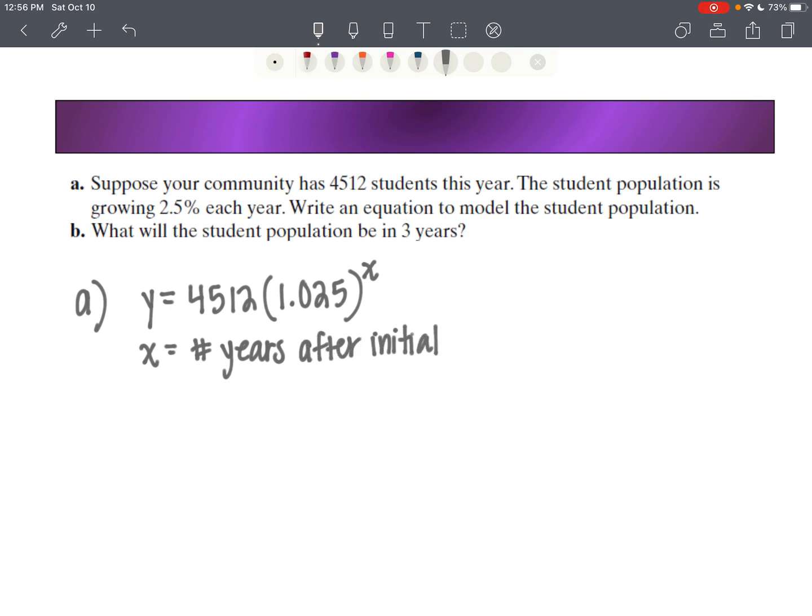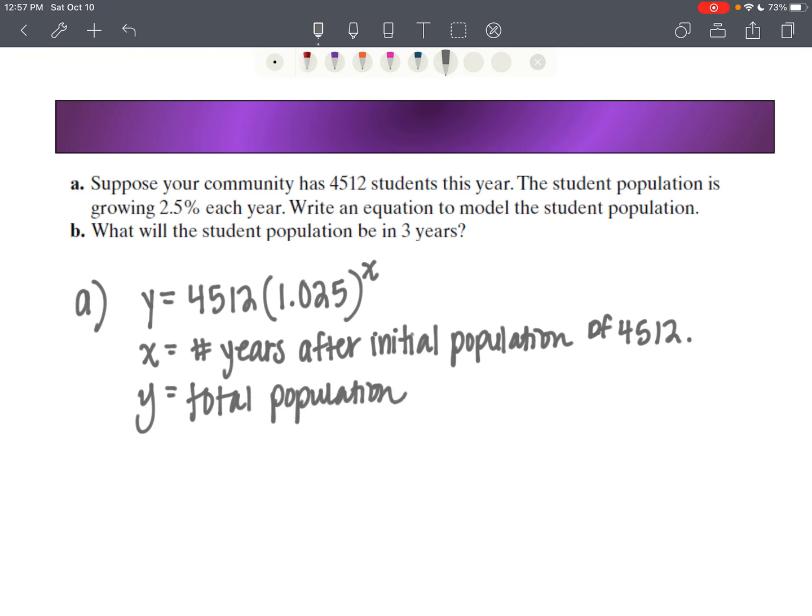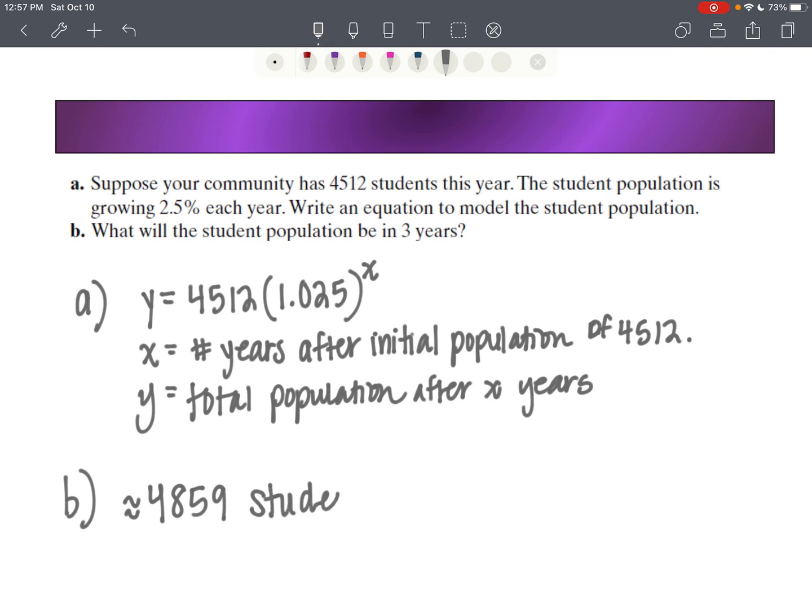They didn't give us a year, so we're going to have to say after the initial population of 4512. And then y is going to equal our total population after x years. And B, our answer using that equation would have been approximately 4,859 students.